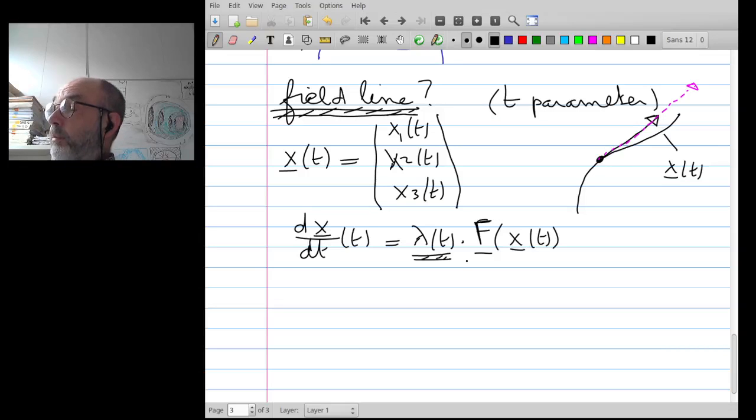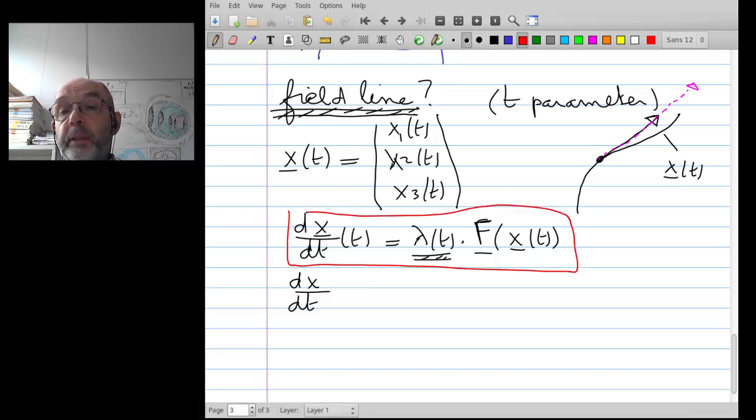Now we can try to solve that equation. You get the dx/dt. So this is the equation we have to solve.